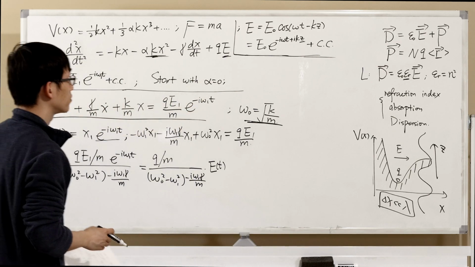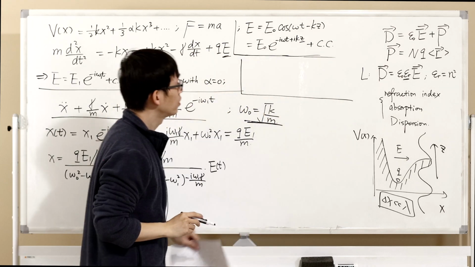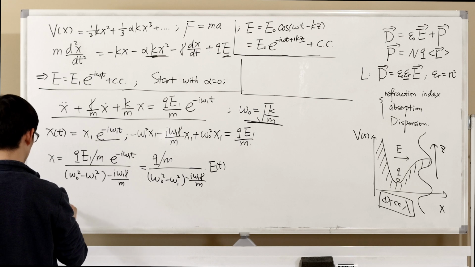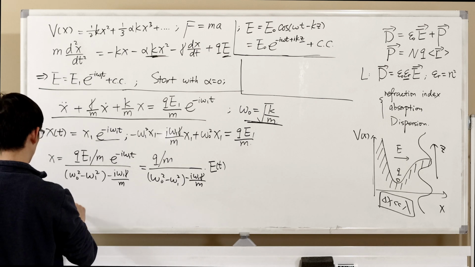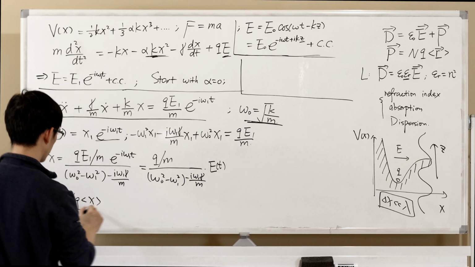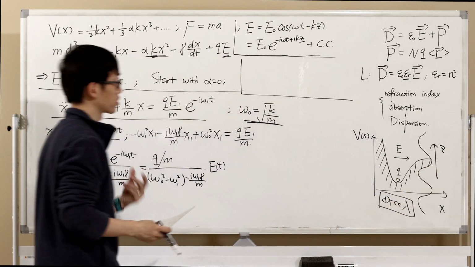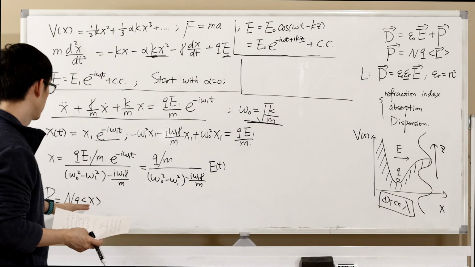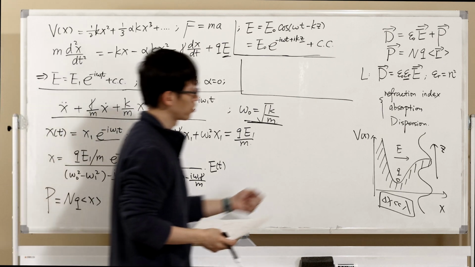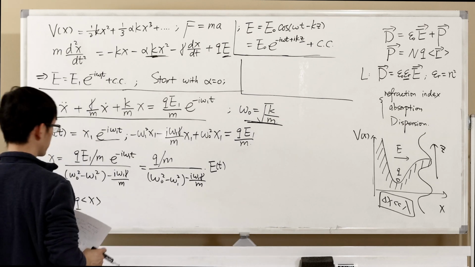We'll have P equal to N q r, and r is x here. Because we have assumed all the molecules are the same, the averaged expected motion is the same as the single molecule solution. It's not always the case, but for simplicity we can do it here.